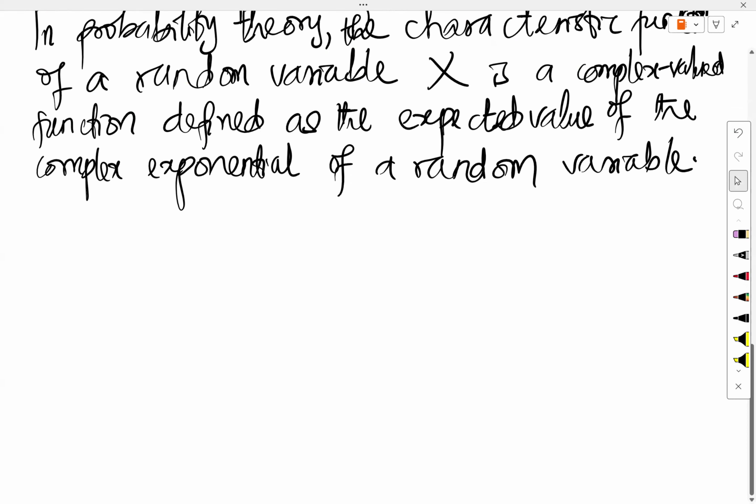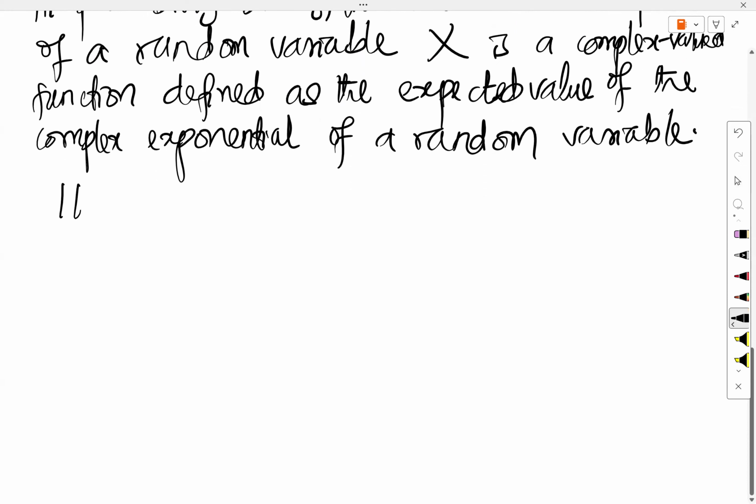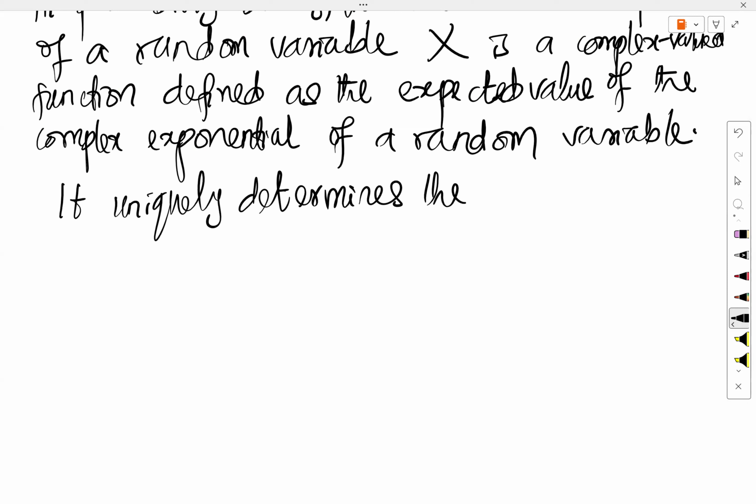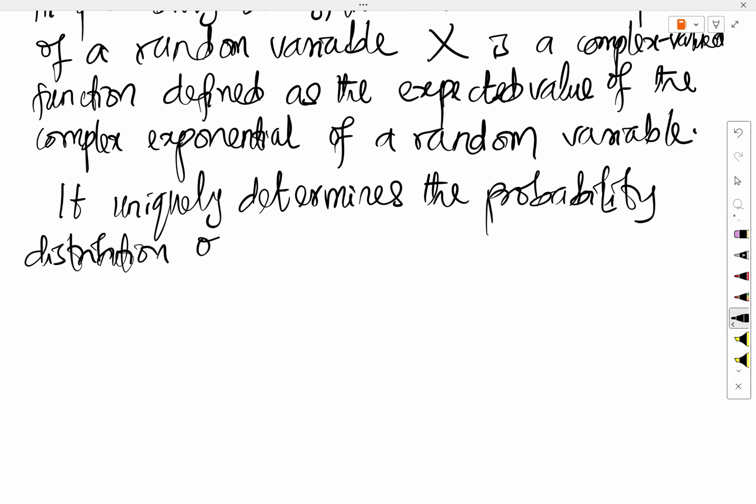Now, you should understand that it uniquely determines the probability distribution of X and provides a way to analyze its properties. This sounds a bit like the idea of the probability generating function.